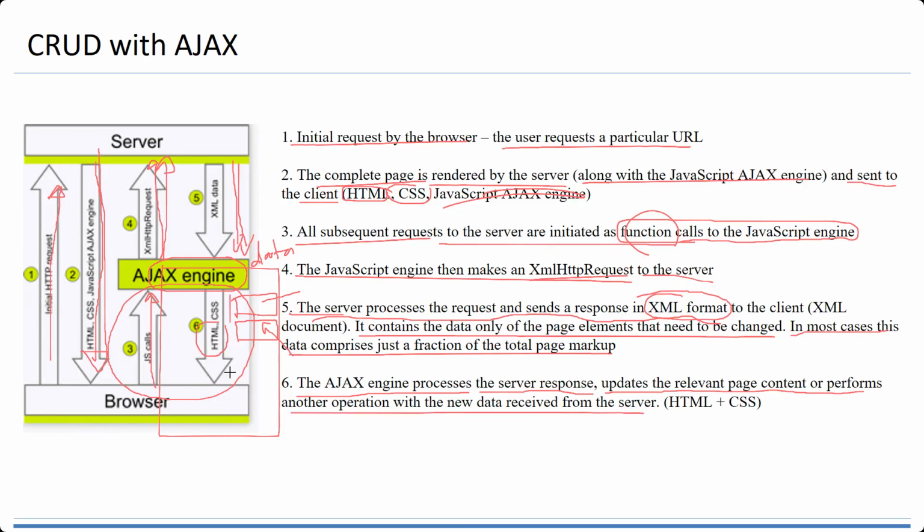So at the end, the browser will show the HTML with the CSS along with the XML data. Usually you cannot see the format of this XML data, but it will be sent automatically to the AJAX engine, and then you will see it directly on the browser.